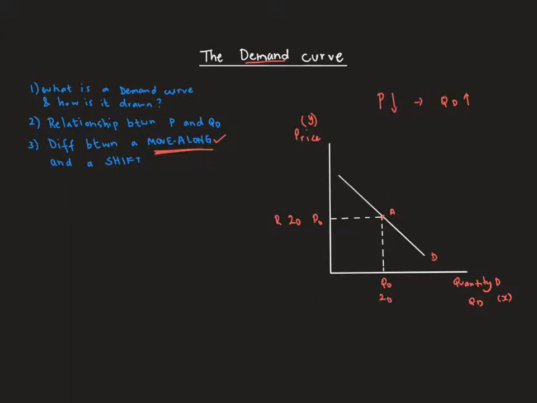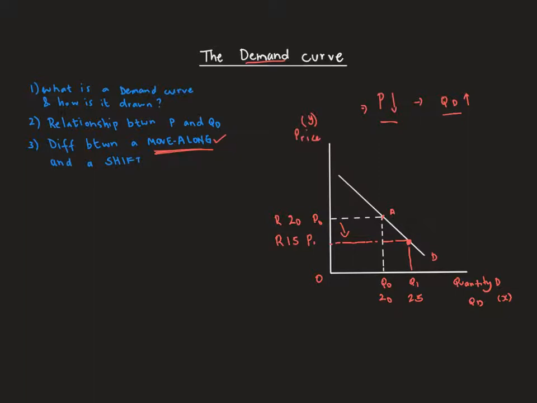Let's assume now that the price decreased from 20 Rand to, let's say, 15 Rand, to P1, and our quantity demanded should increase. Does it increase? Yes, it does, to let's say 25. So when price decreased, quantity demanded increased. And here again, we have a movement from point A to point B.